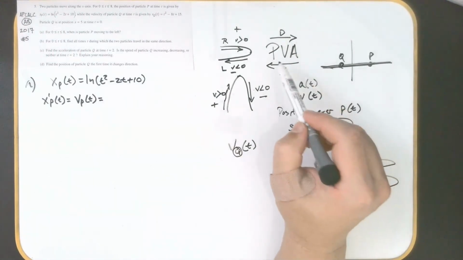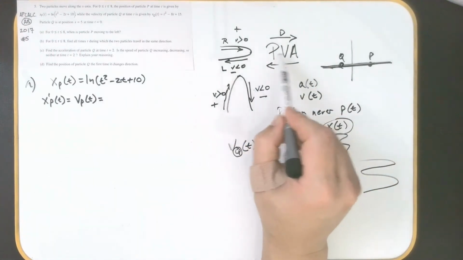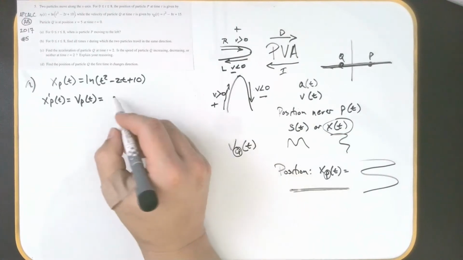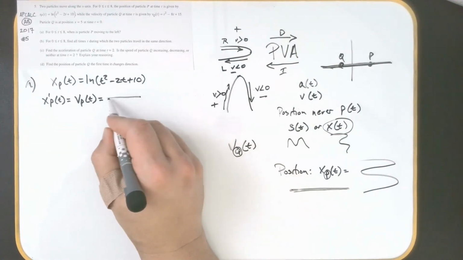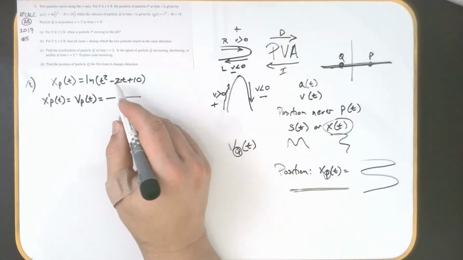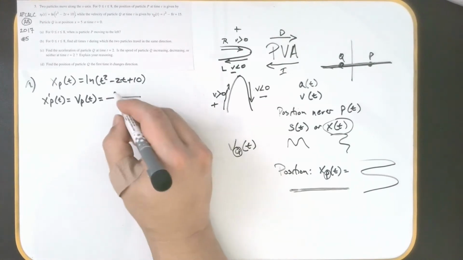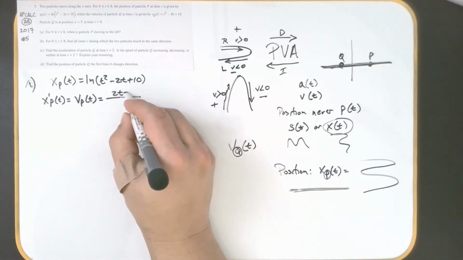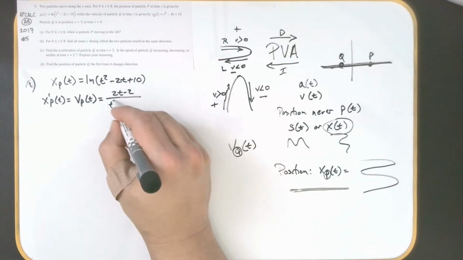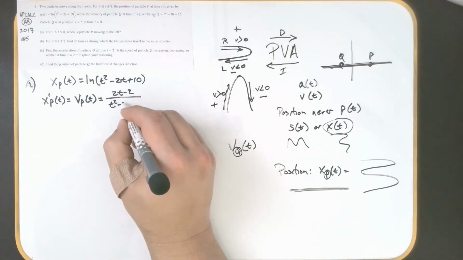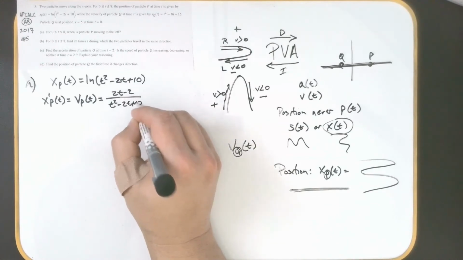So since it's a natural logarithm, the argument goes to the denominator, and the derivative of the argument stays up top. So I've got 2t minus 2 all over t squared minus 2t plus 10.